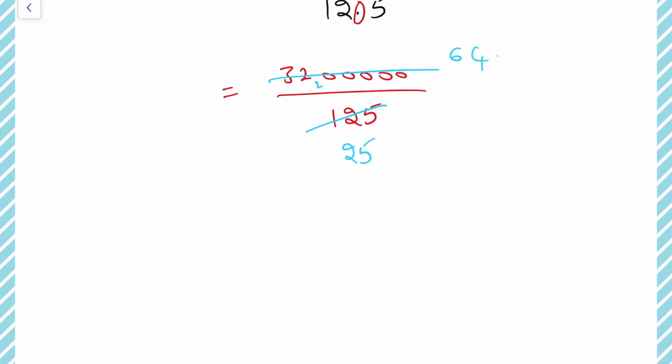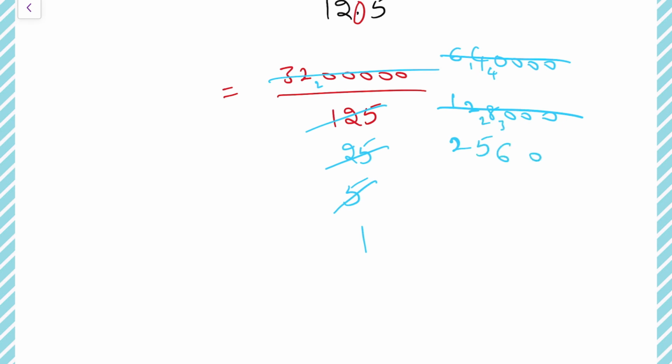So these 4 zeros as it is. Next, 5 5s are 25, 5 1s are 5, 1 remains, 5 2s are 10, 4 remains, 5 8s are 40, 3 zeros as it is. Again 5 1s are 5, 5 2s are 10, 2 remains, 5 5s are 25, 3 remains, 30, 5 6s are 30, 2 zeros as it is.